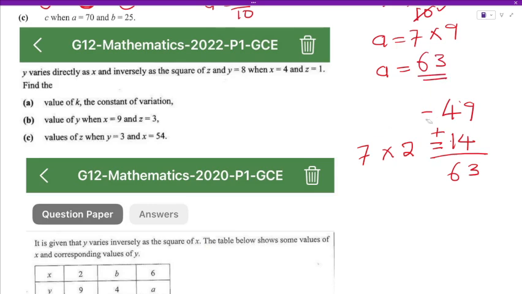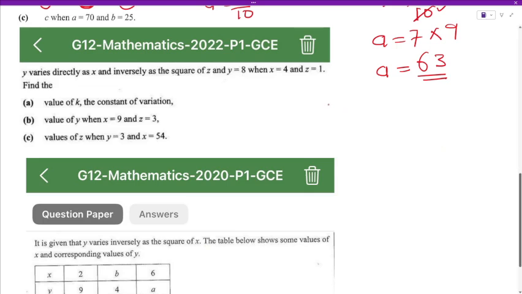So do things the way they work out for you. For me, this works. If I want to figure out, for example, 8 times 6, I need to know what 6 times 6 is. That's 36.